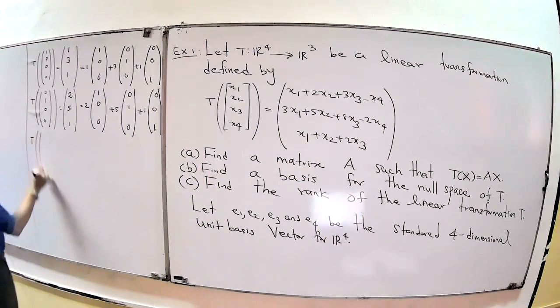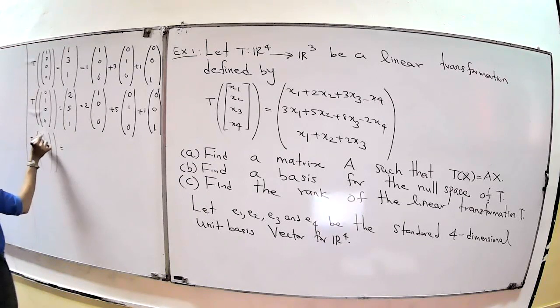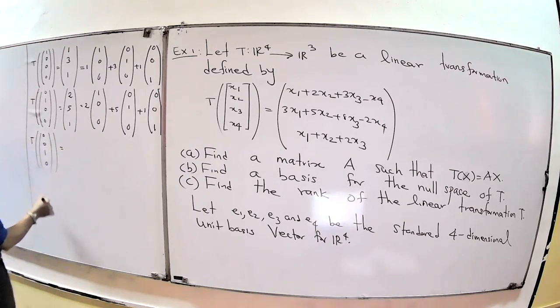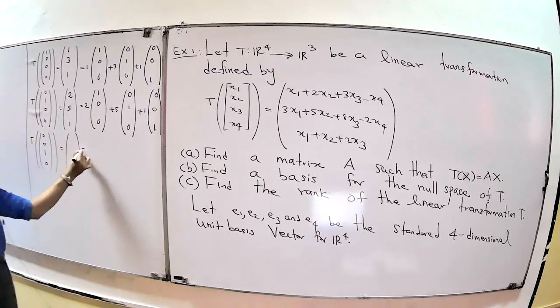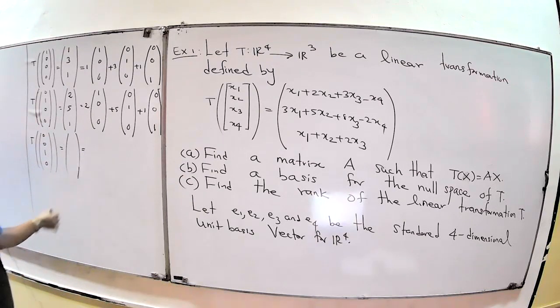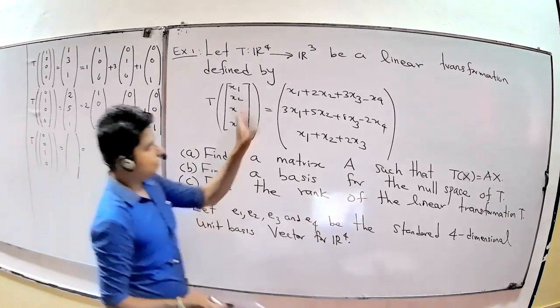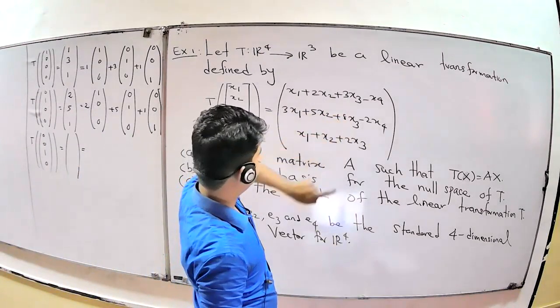But next, 0 0 1 0. So what is this one? Here only x3 is 1. x3 being 1 means 3, 8, 2.